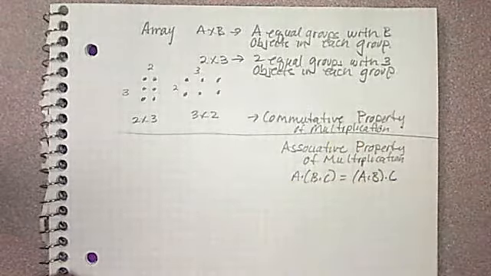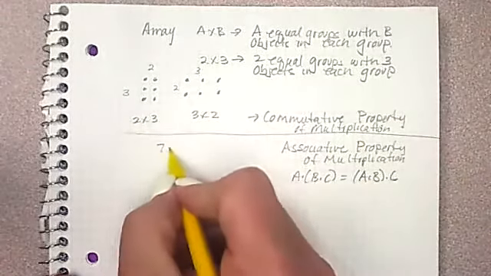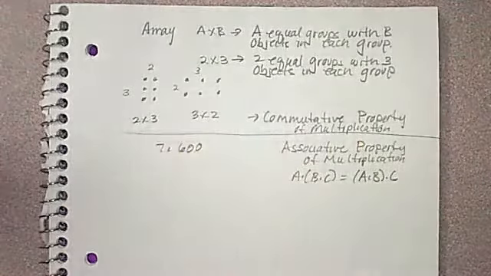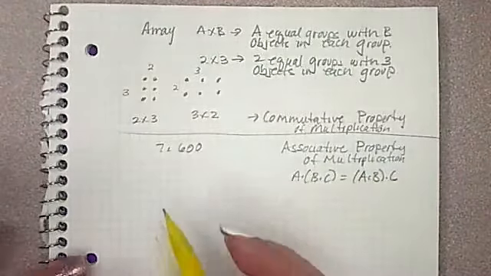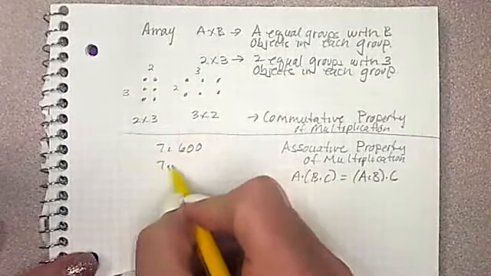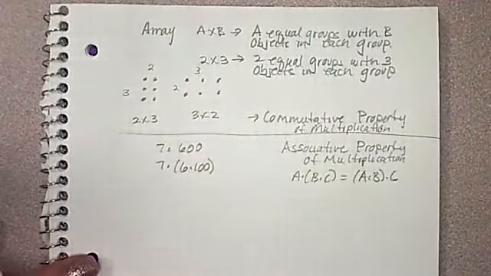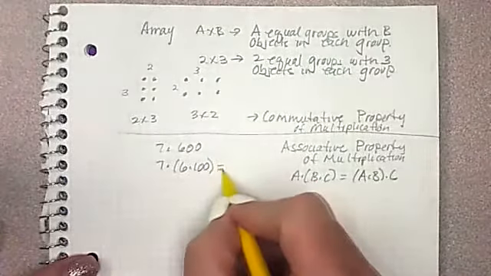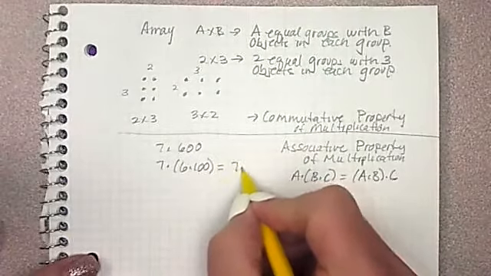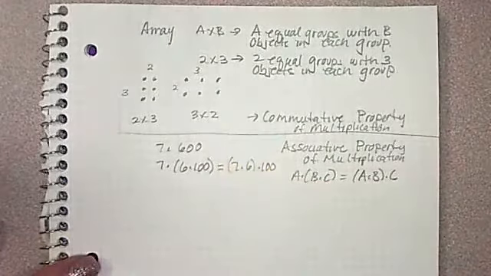There's multiple ways to write the associative property, but let's say we have something like 7 times 600. So how can we work with students to break that down? We can write that as 7, maybe break down the 600 times 6 times 100. We could also have written that as 7 times 6 times 100.